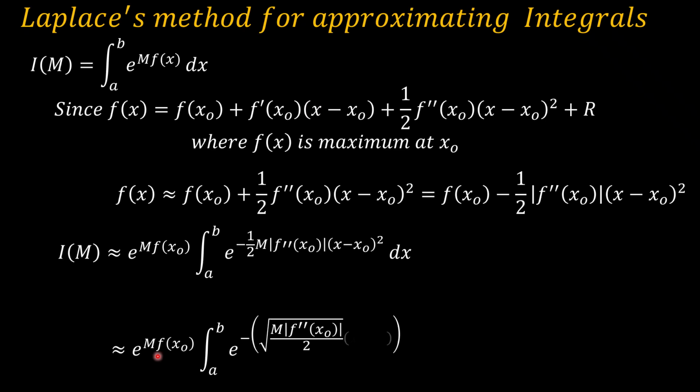So we have e to the power m f(x naught) times the integral from x equals a to x equals b of e to the power negative, open bracket, the square root of m times the absolute value of f double prime x naught over 2 times x minus x naught, close bracket, squared. So this is good. Now let's express this as a Gaussian integral.